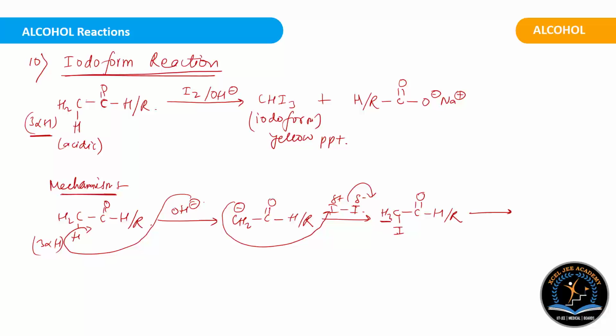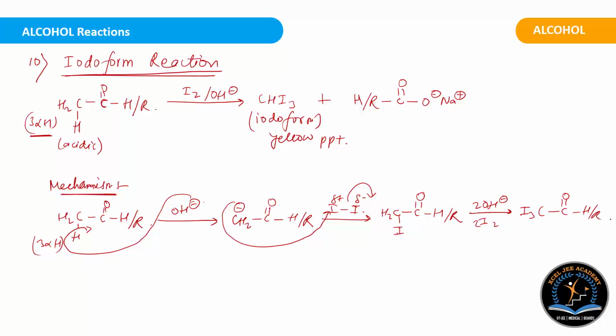These also can be exchanged by the iodine. What we have done is removed the hydrogen and inserted iodine in its position. In the presence of base and iodine, with repetition of the step, all the hydrogens will be removed and iodines will be connected to that particular position.